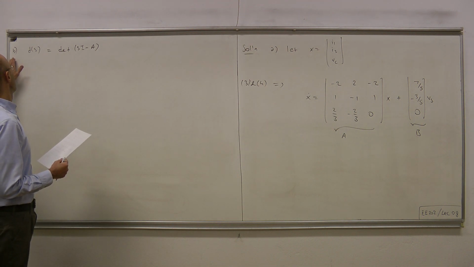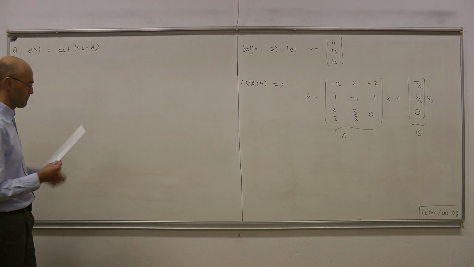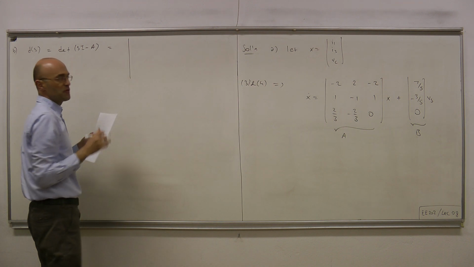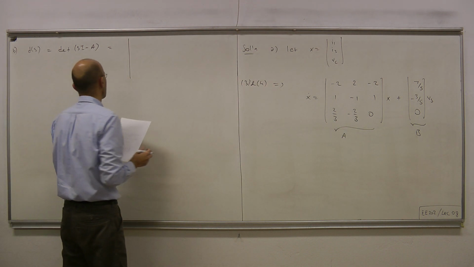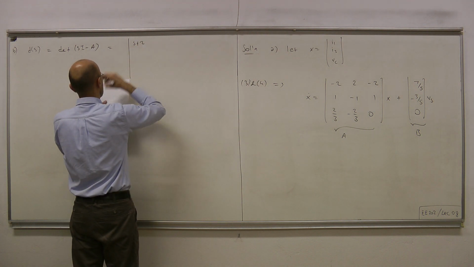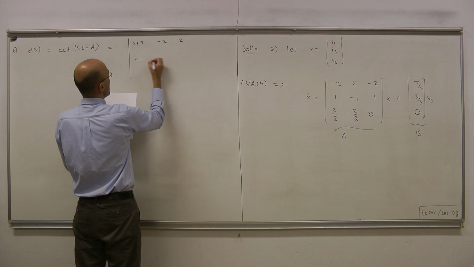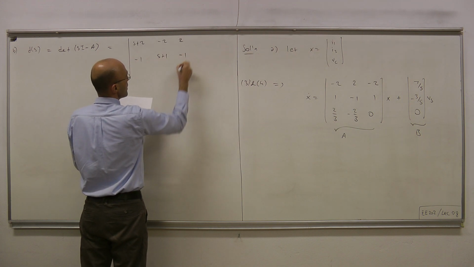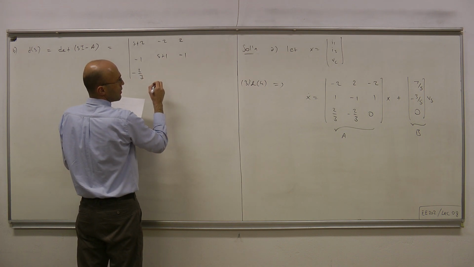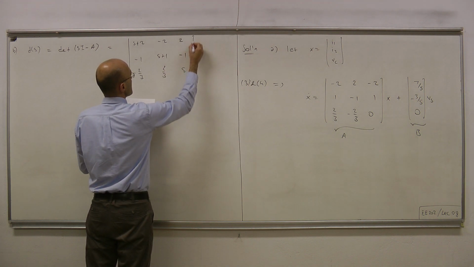Okay. Now, in part B, let's therefore compute the eigenvalues of A. The determinant of sI minus A is the determinant of this 3 by 3 matrix. Okay. sI minus A is s plus 2, minus 2, 2, minus 1, s plus 1, minus 1, minus 2/3, and we have s minus 0.